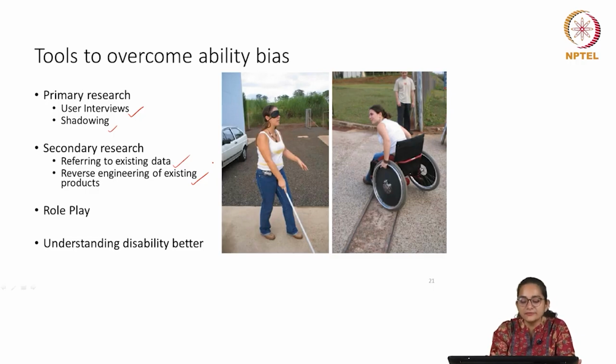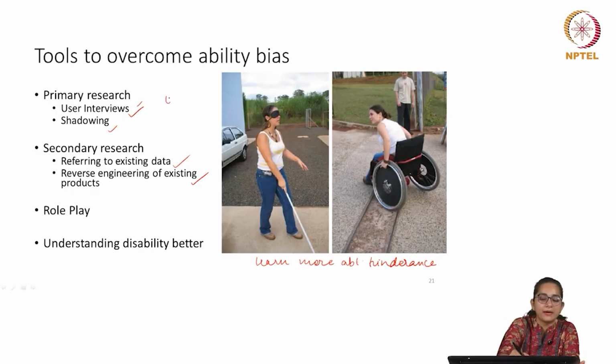It definitely may help you learn more about barriers or hindrances, but probably it will not give you insights about the aspirations, the frustrations, the emotional aspects. For that, probably interviewing and empathy mapping are the most important tools.